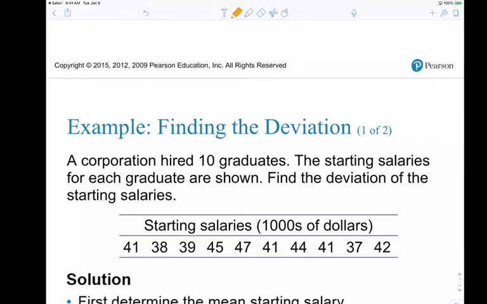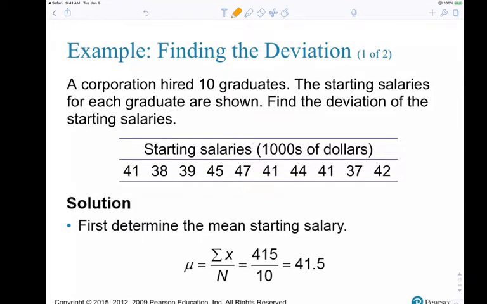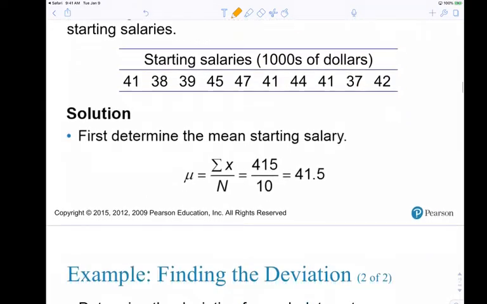I'm kind of tired. You know how to find the average: you add up the entries and divide by the number of entries. The average in this case ends up being 41.5. So now we can calculate the first deviation. We're just going to say 41 minus 41.5. What result do we get? Negative 0.5.